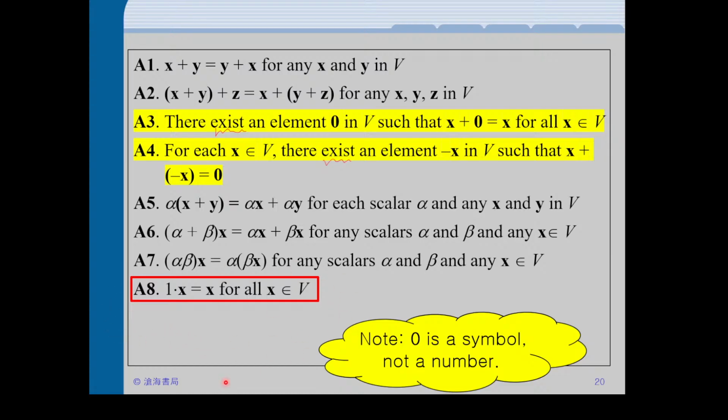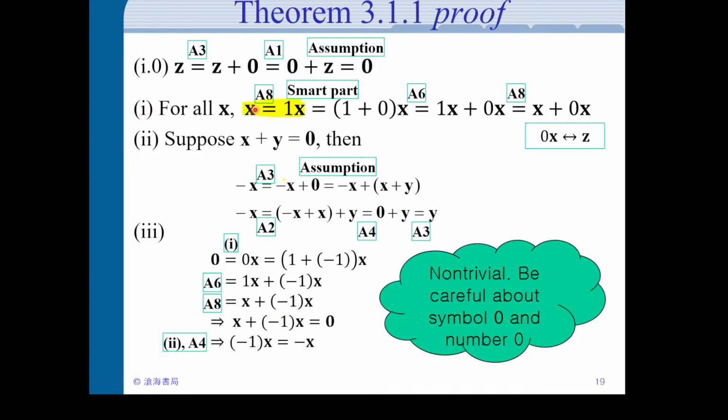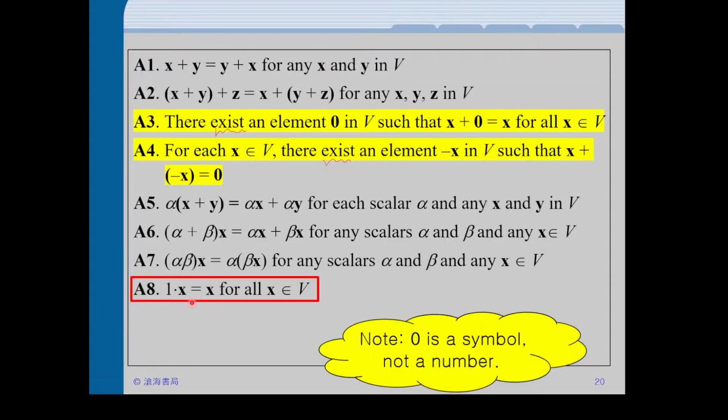It's this A8: 1 times x equals x for x. So we start with A8. Why is it important? Because now you look at all these equations. This is the only one where one side has a scalar multiplication and the other side doesn't. If you look at all those other formulas, they don't have any scalar inside.